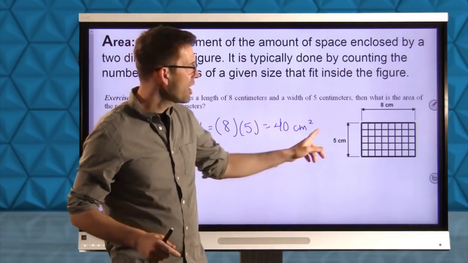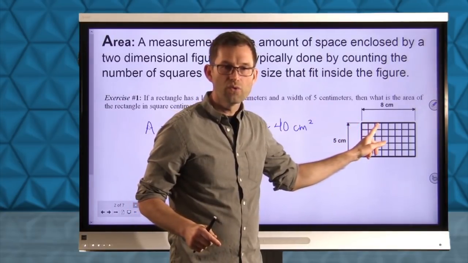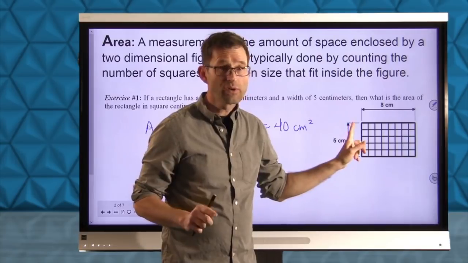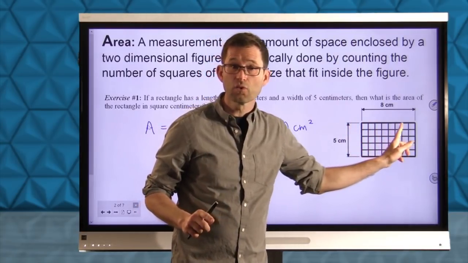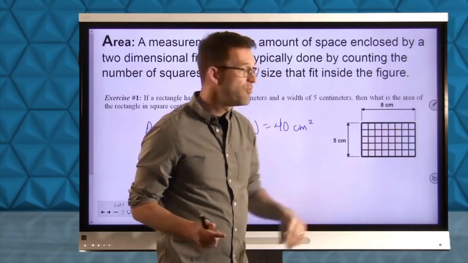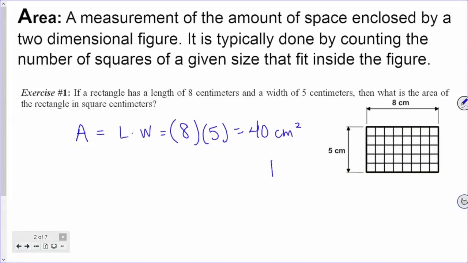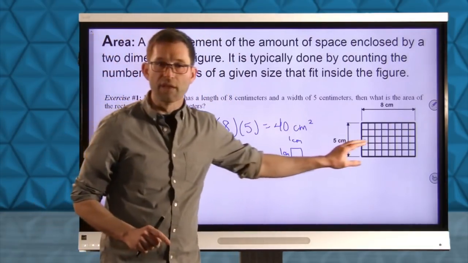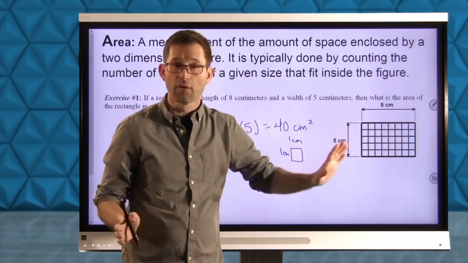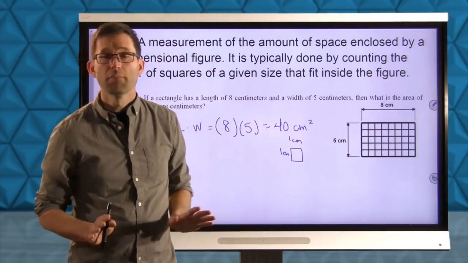If I've got a rectangle that's got 1, 2, 3, 4, 5, 6, 7, 8 centimeters along this side, literally a ruler with 8 centimeters, and 5 centimeters, then there are 40 square centimeters. A square that is 1 centimeter by 1 centimeter, there are 40 of these that fit inside of here. You could actually count them, 1, 2, 3, 4, 5, 6, etc. I don't want you to, but you could.